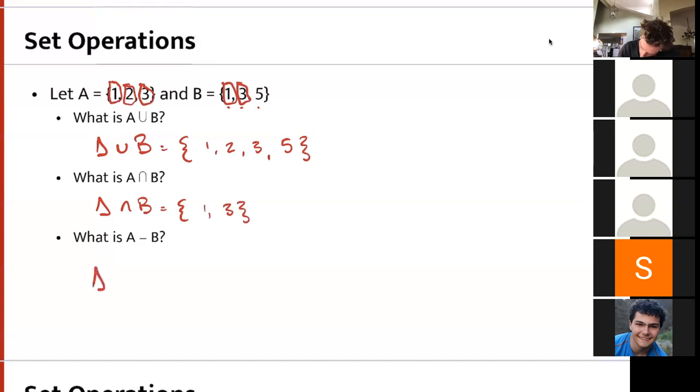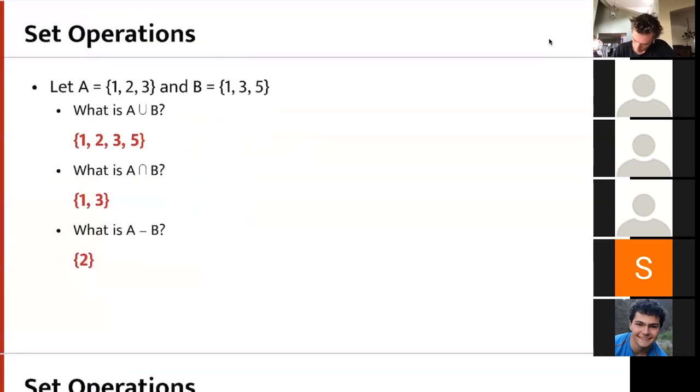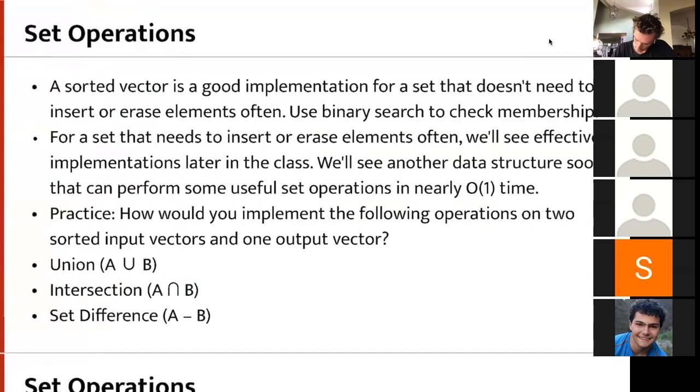All right. A minus B. So all the elements of A that are not in B, only 2. Exactly. Okay. Great. Y'all are good at sets. That's pretty much all you need to know. All right. We did it.